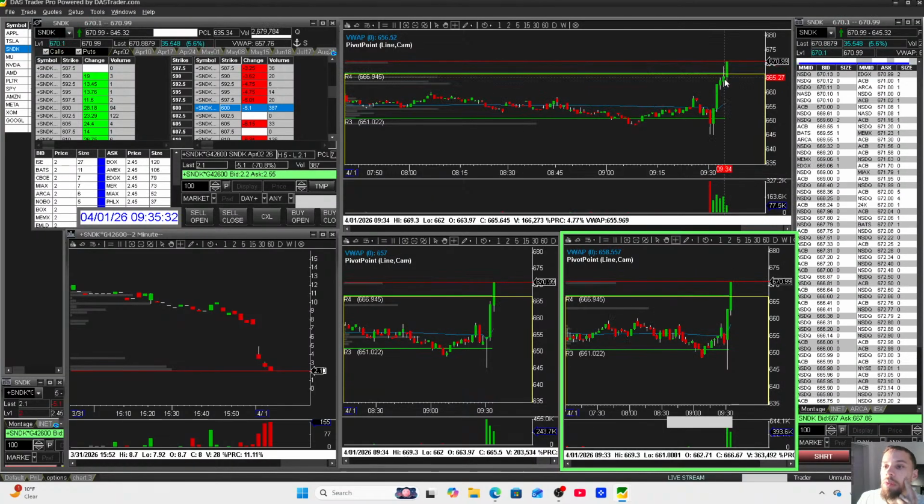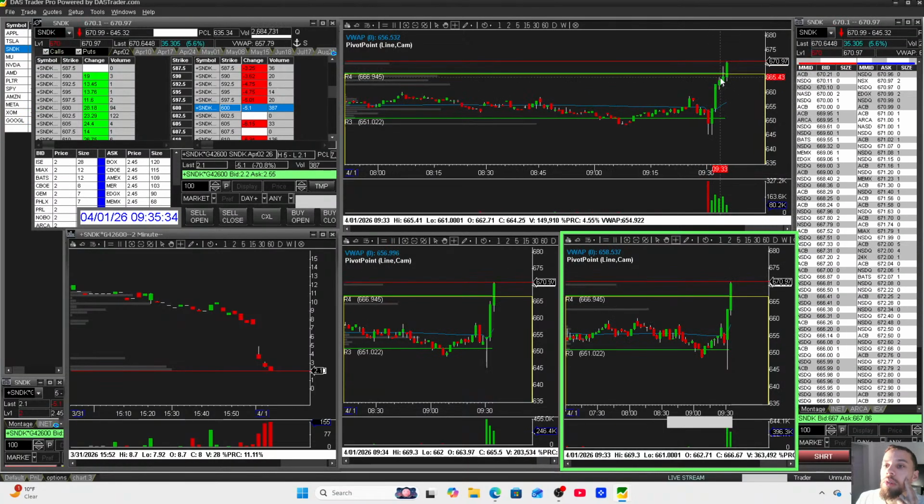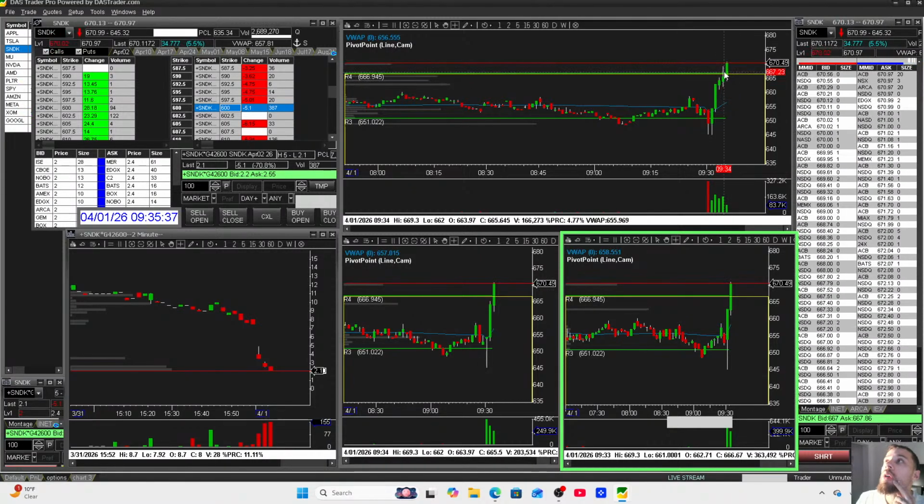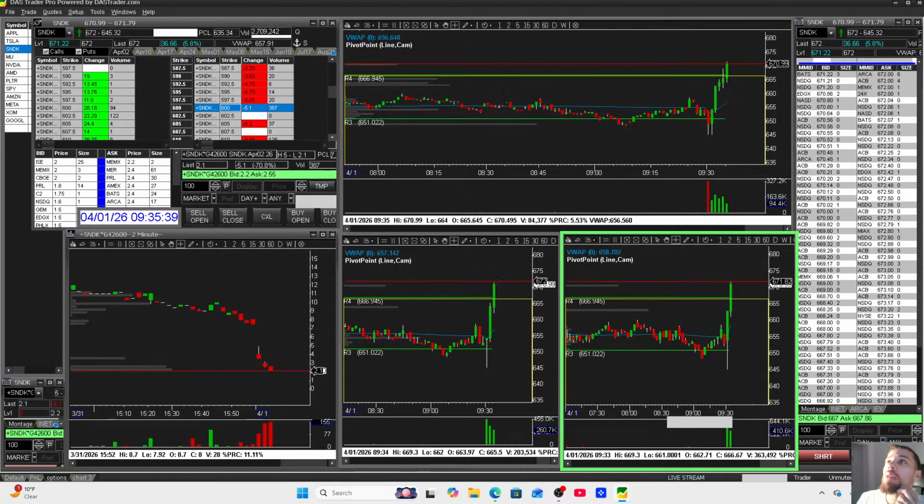Squeezing up, showed some resistance here. Let's see how this price action plays out on SanDisk.